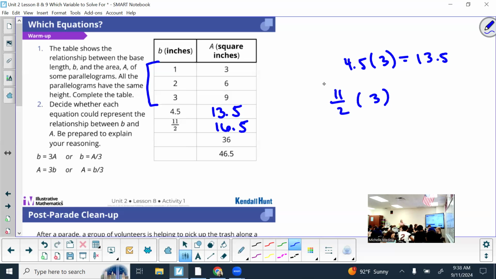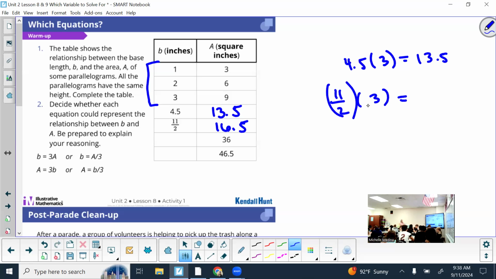You can make this a decimal if that's easier for you. I would say only do that if it's a decimal that ends, not one that goes on forever. But you could also put this in your calculator. My recommendation though would be, any fractions you put in your calculator, put them in parentheses so that the calculator reads it right. This one's actually not too bad to do by hand though.